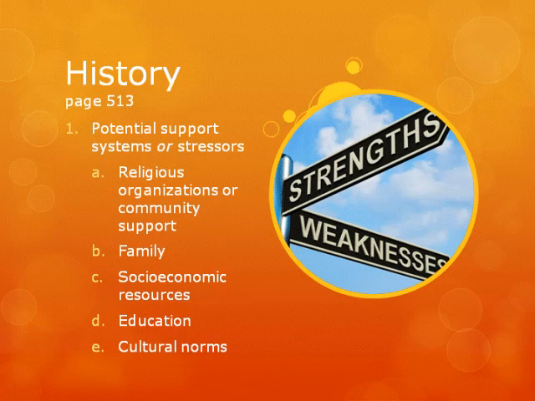That can mean a weakness: the person doesn't have a stable home to live in, they don't have a job to earn income, they lack formal education, those sorts of things. So at this point, in our initial assessment with the patient, we're getting a sense of their internal strengths and weaknesses and their external support systems or stressors in their life.